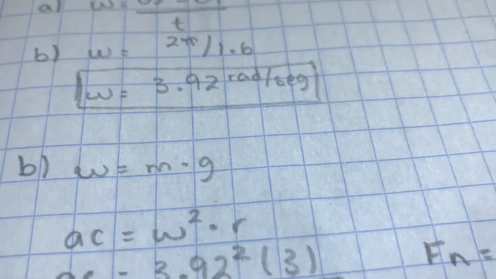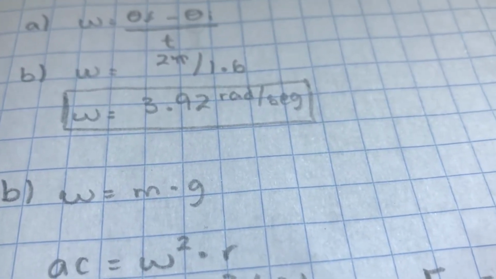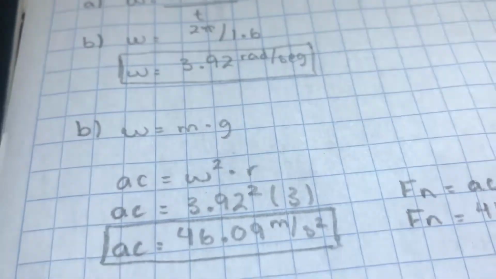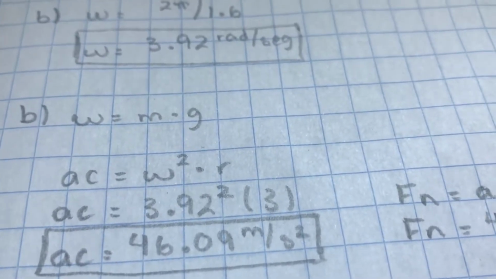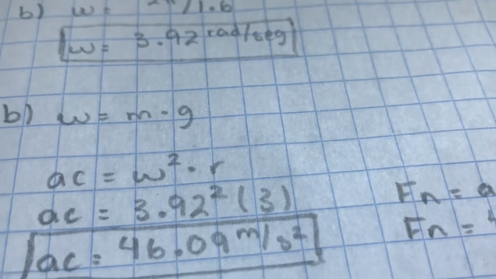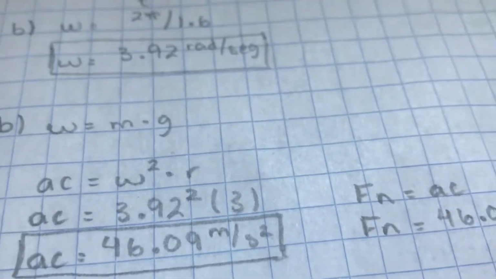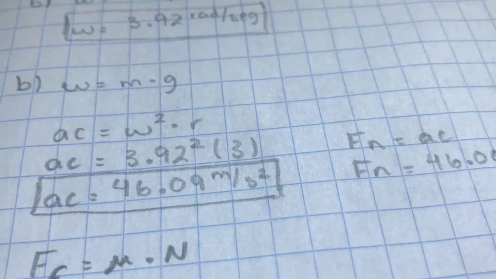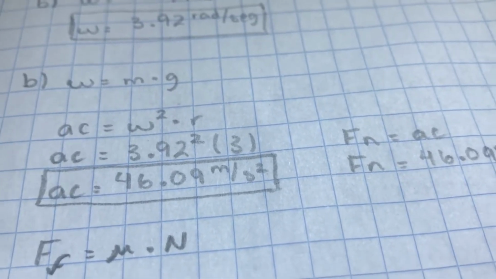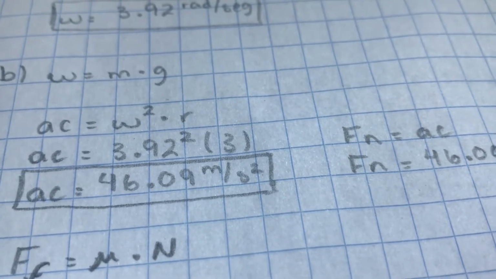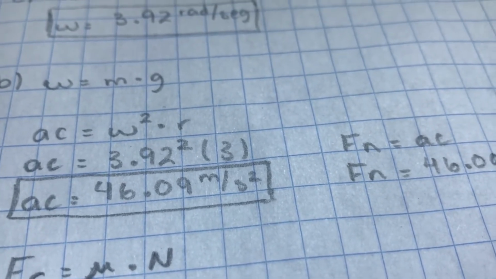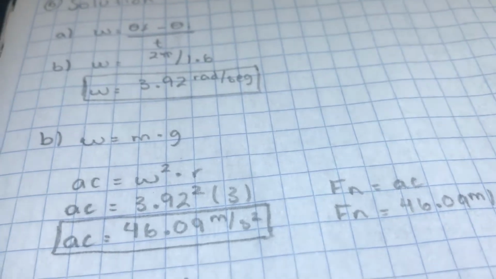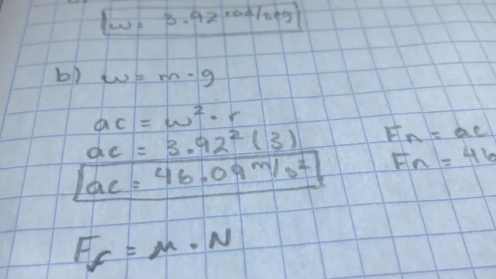Then we move to part B, which is how we obtain the coefficient of friction. First of all, we have to know that the weight is the mass times the gravity, and the centripetal acceleration is the angular speed squared times the radius.